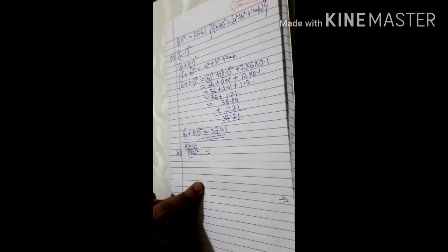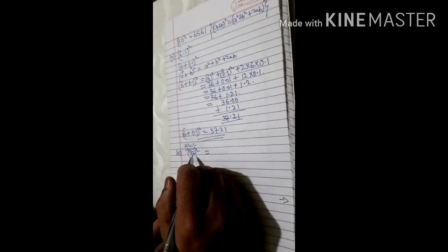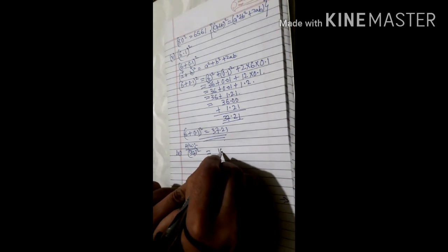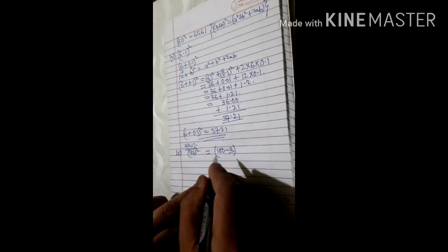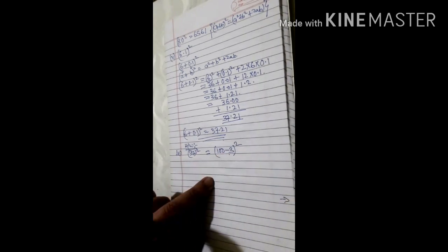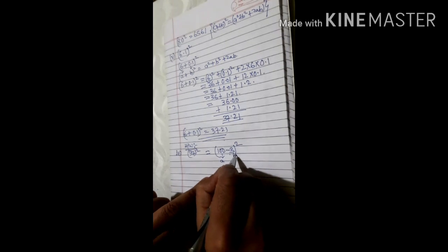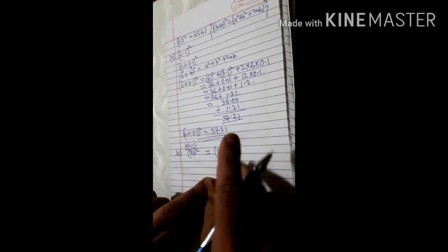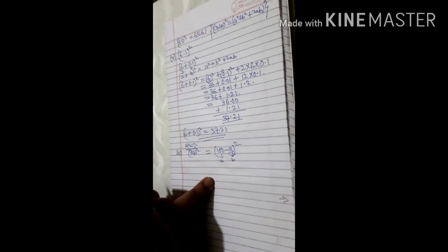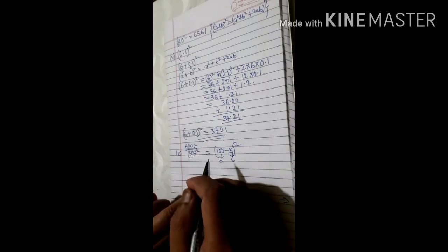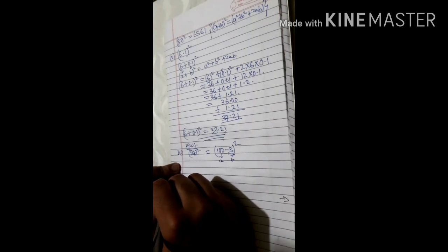I'll just give you a hint of how you can do 97 whole square. 97 whole square can be written as 100 minus 3, whole square. 100 minus 3 is 97. So your 100 is your A and your 3 is your B. So this will be in the form of A minus B whole square. So you need to use the identity of A minus B whole square. Okay, so question number 1 Roman 2 would be your assignment.